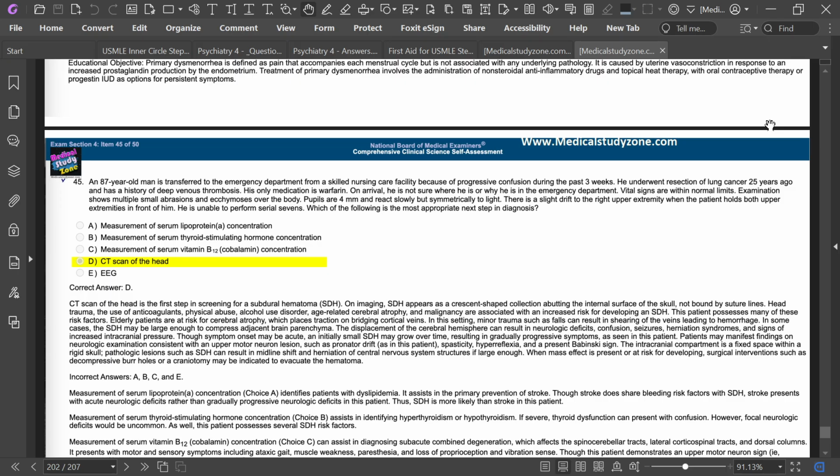Pathologic lesions such as subdural hematoma can result in midline shift and herniation of central nervous system structures if large enough. When mass effect is present or at risk for developing, surgical intervention such as decompressive burr hole or craniotomy may be indicated to evacuate the hematoma. Okay. Next.